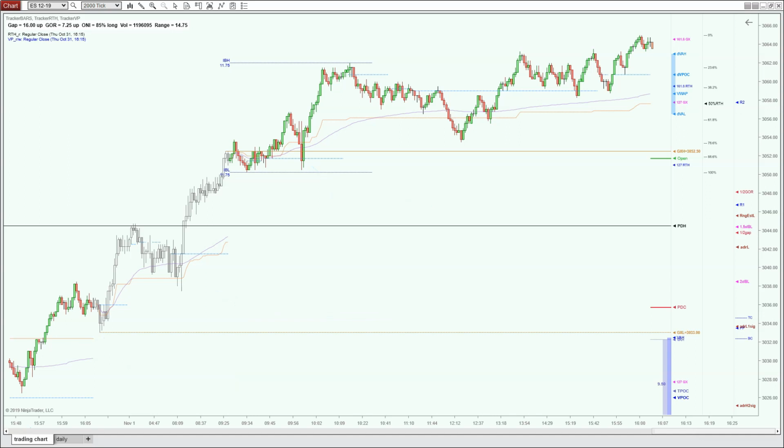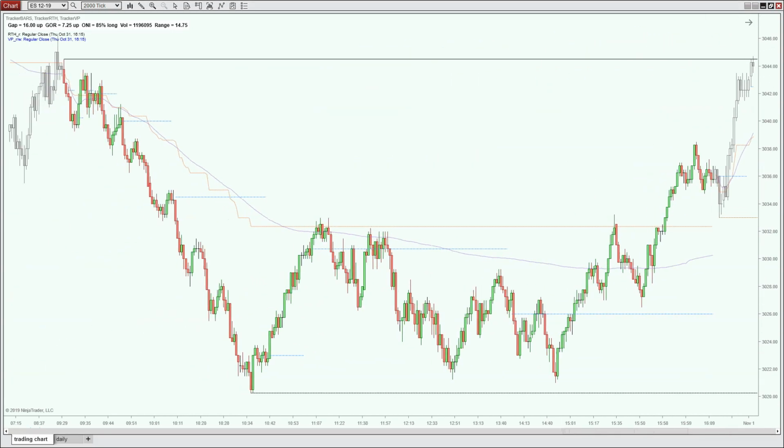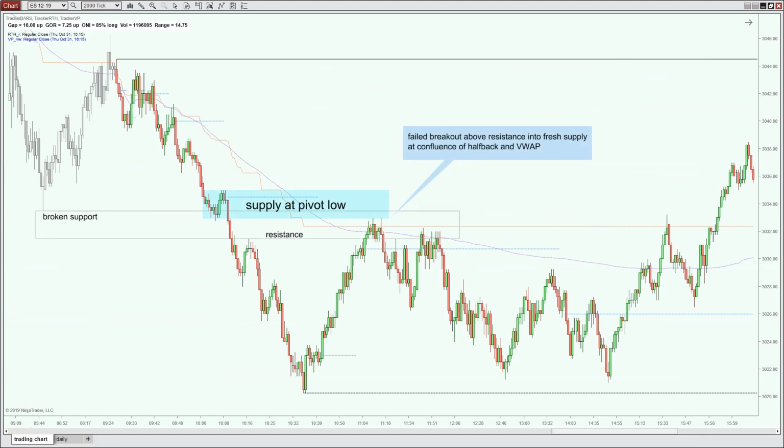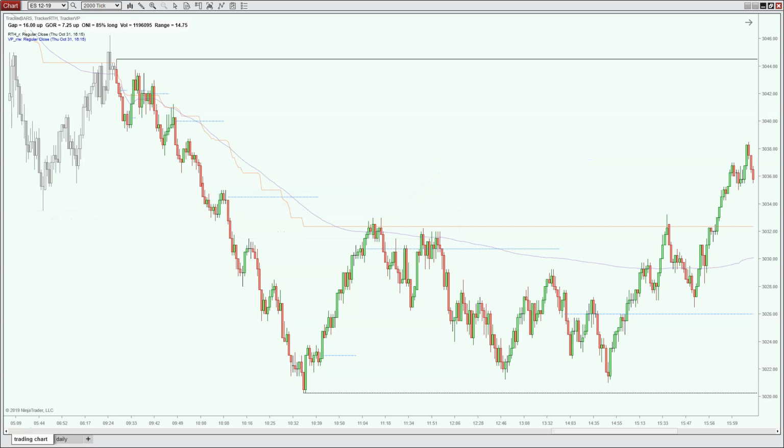For the second example, if you look to enter on a pullback to halfback or VWAP, then perhaps consider a pullback to the confluence of halfback and VWAP. Support resistance traders might look more favorably on their setup when it also occurs at the halfback VWAP just mentioned. I favor a pullback to volume, so know there are many ways to see this concept in the charts. Regardless, TrackerRTH can enhance your style without attempting to change it.